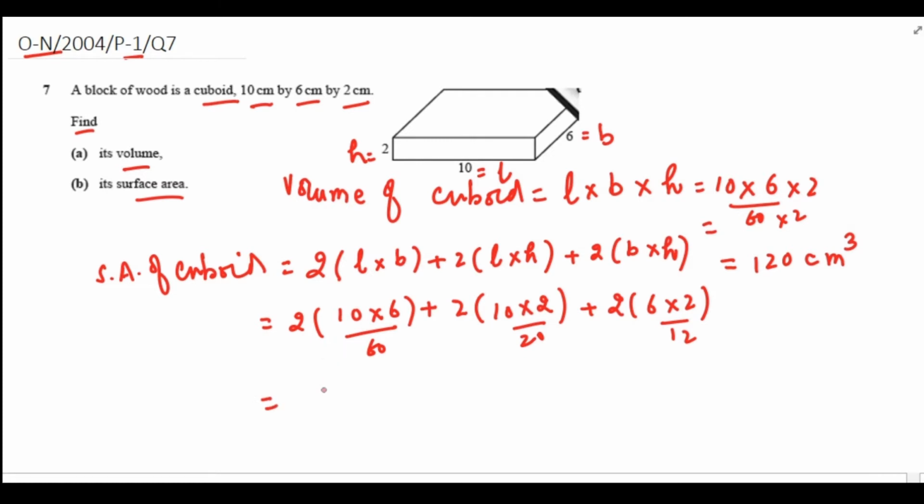So this is equal to 60 multiplied by 2, which is 120, plus 2 multiplied by 20, which is 40, plus 2 multiplied by 12, which is 24. This gives surface area equal to 184 centimeter square. So this is our answer.